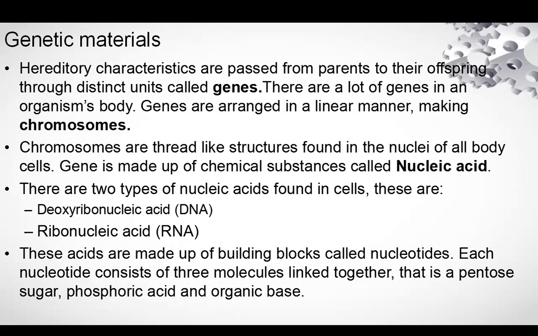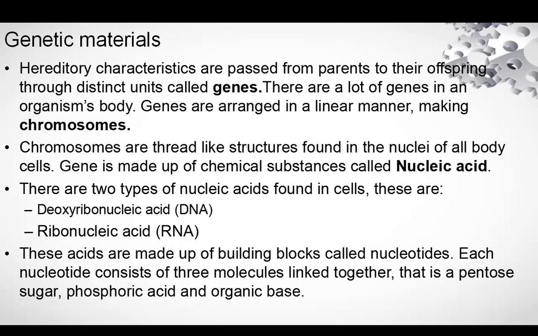Basically, there are two types of nucleic acids found in the cells. These are deoxyribonucleic acid and the ribonucleic acid. Deoxyribonucleic acid is DNA and the ribonucleic acid is RNA. So we're going to see them one by one.